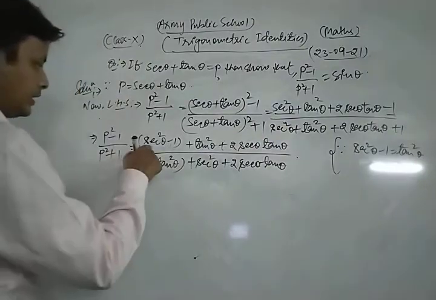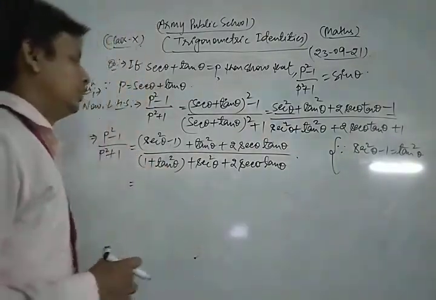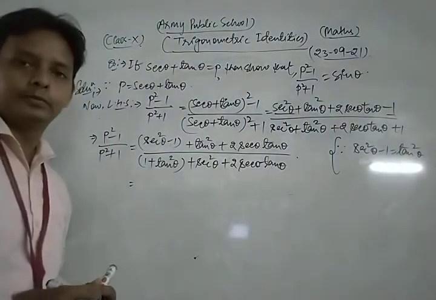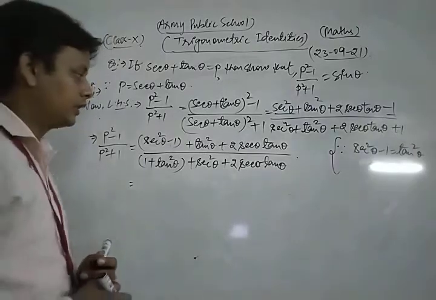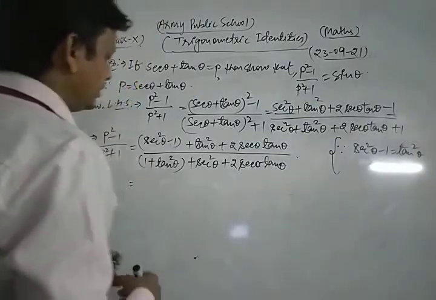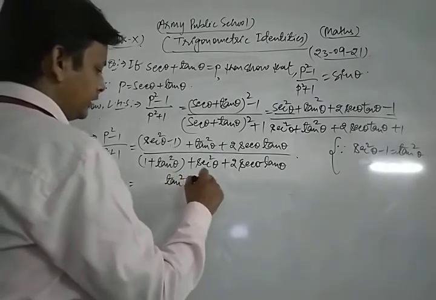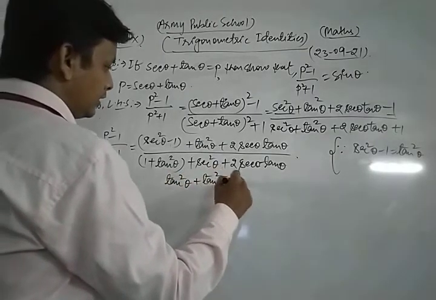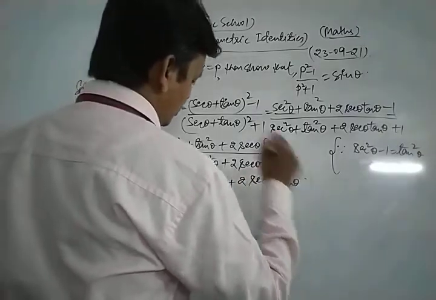Now look, sec square theta, now using that identity, so sec square theta minus 1 we can write as what? Tan square theta. So here we write tan square theta, and plus tan square theta as it is, plus 2 sec theta into tan theta.